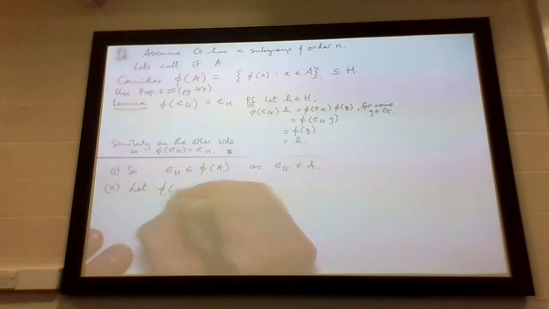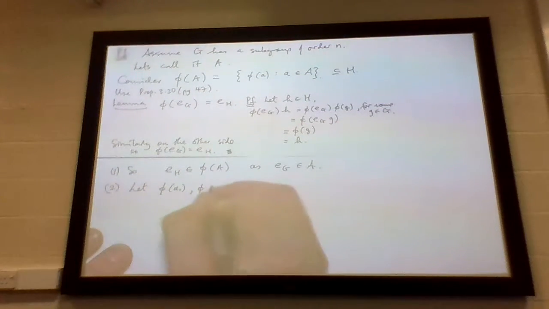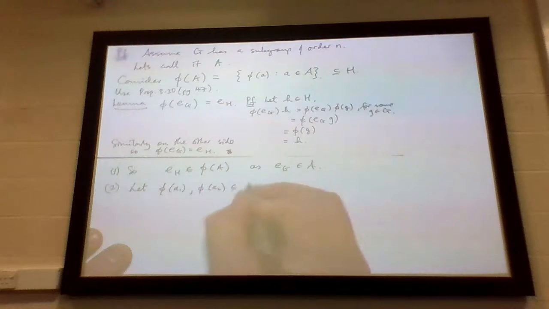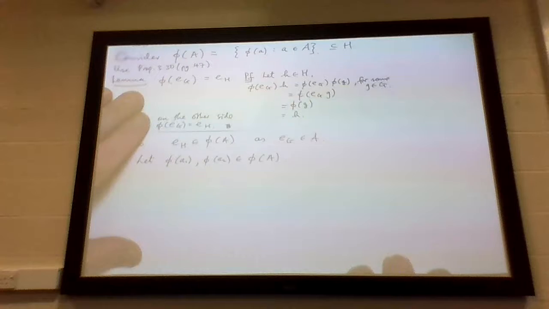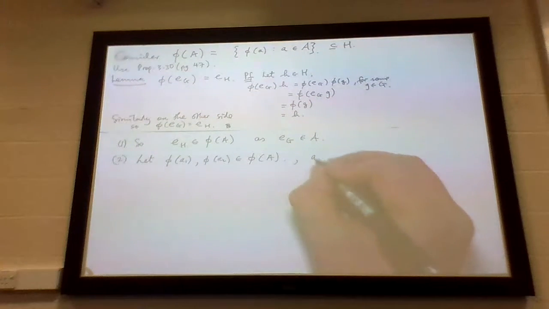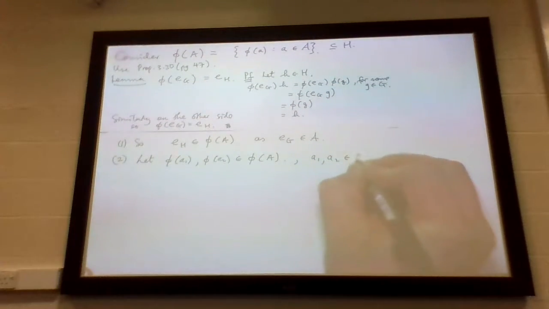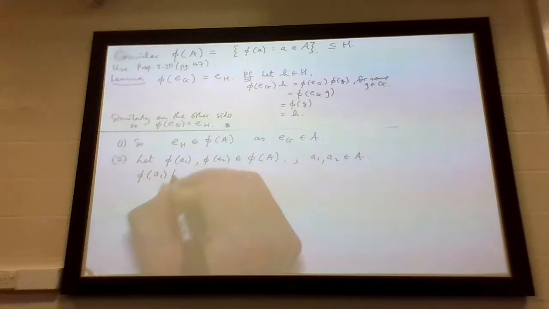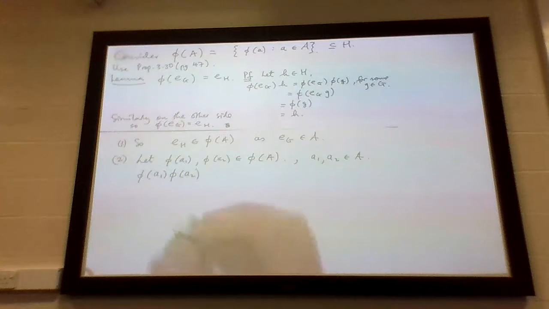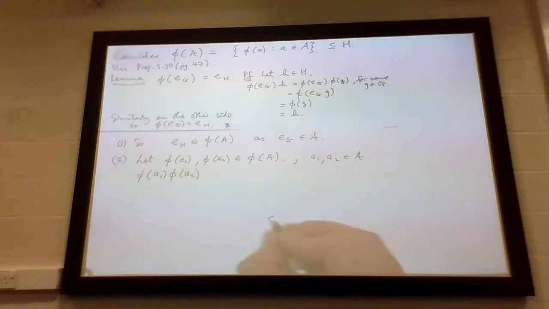Well, we may as well call them phi of a1 and phi of a2. That's what two elements of phi of A will look like, where a1 and a2 are elements of A. And we have to prove that phi of A is closed. So we have to multiply these two elements, and ultimately we want to show that this is an element of phi of A.